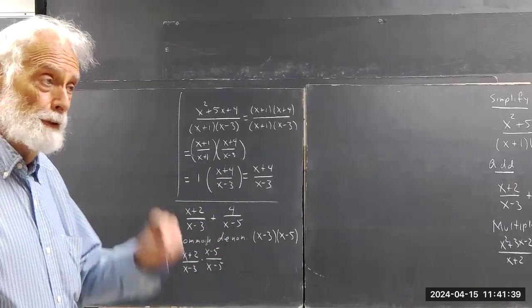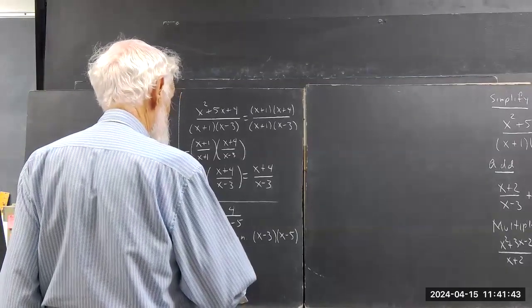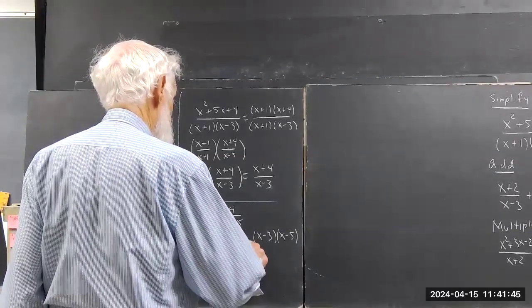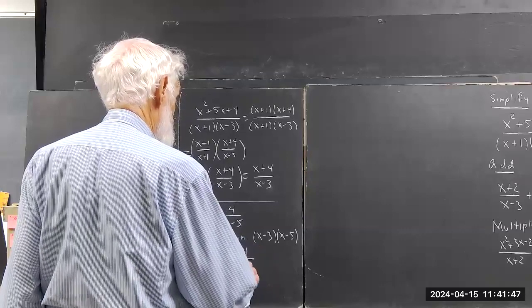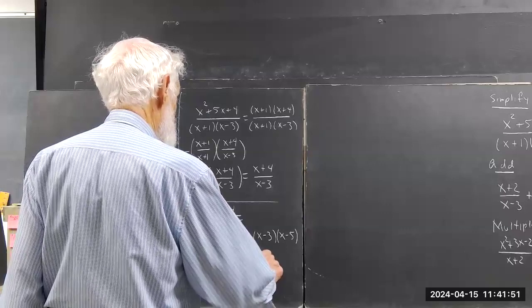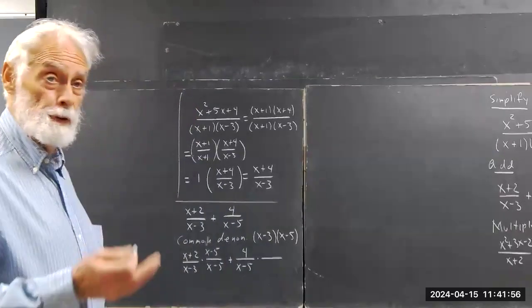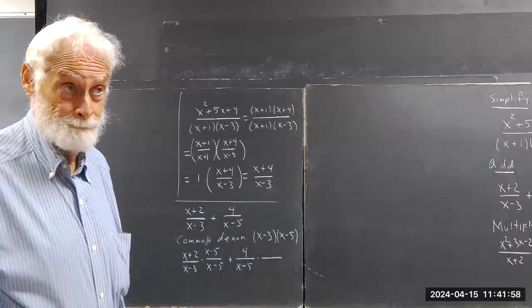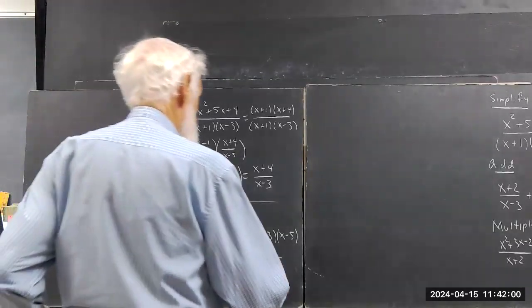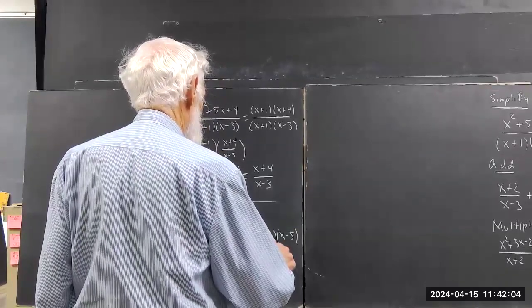You want to understand every detail of what I just said. Otherwise, you're at serious risk of getting something mixed up. Hopefully your habit will last you through the test, but it's not going to last you much longer. Then we got x minus 3 here times x minus 3 here.